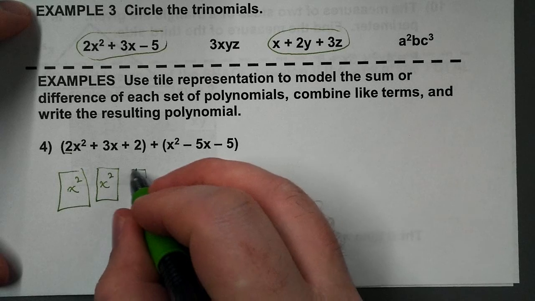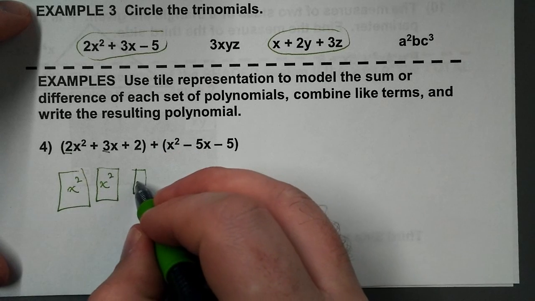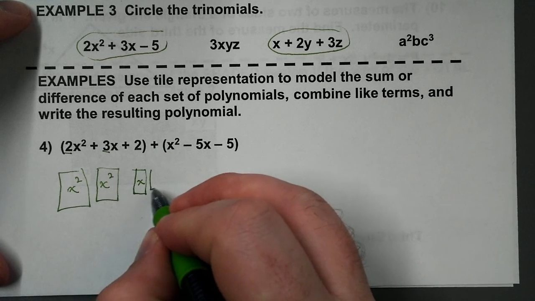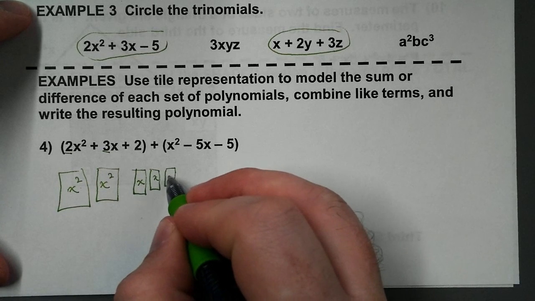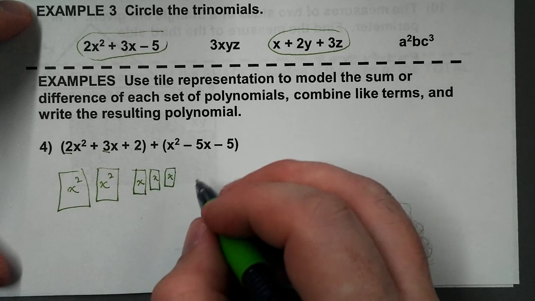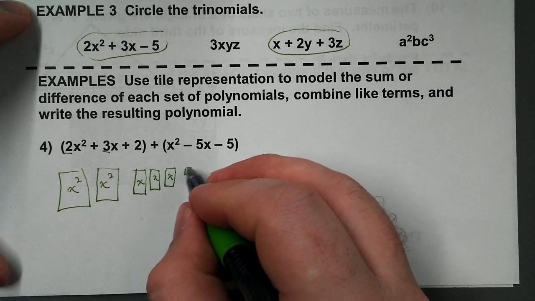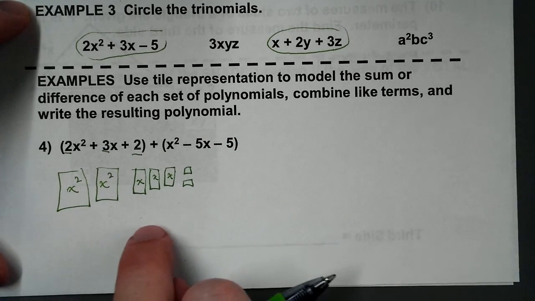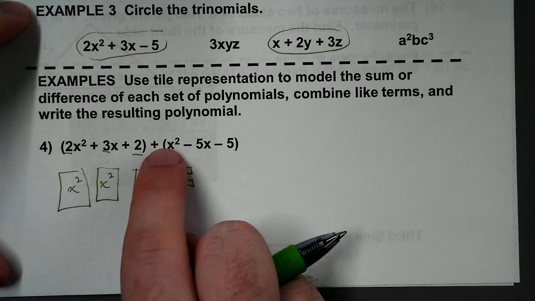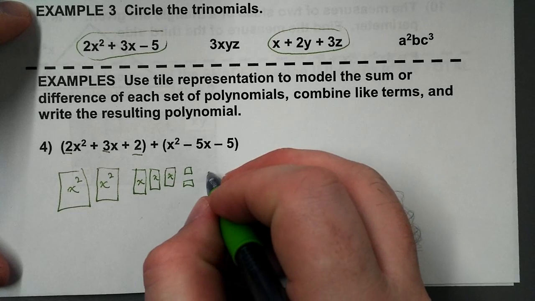So I have 3 of those, so let's draw a strip x. 1, 2, 3. And then I have 2 regular numbers, so let's just draw in 1, 2. All you're doing is matching the coefficient to the letter or the numbers. And it says plus all this.